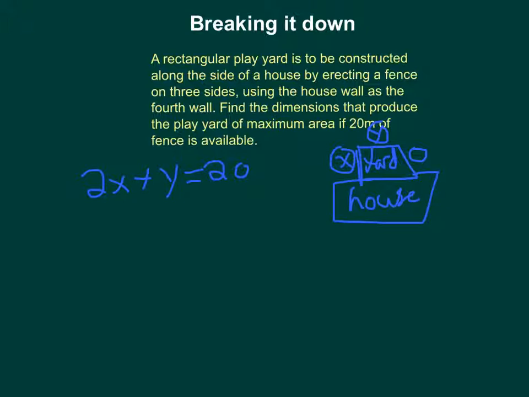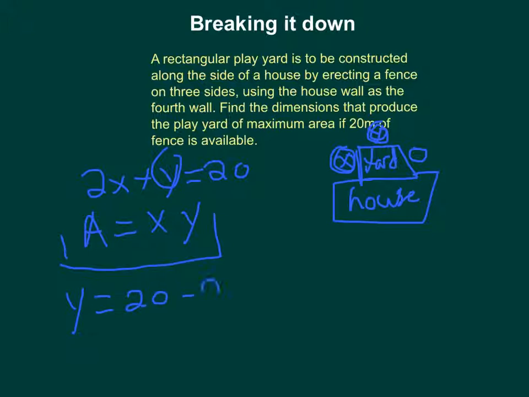You also know that area is x times y, so you can write that down as well. Area equals x times y. So, from there, you set y equal to 20 minus 2x. That's the initial process you want to take.